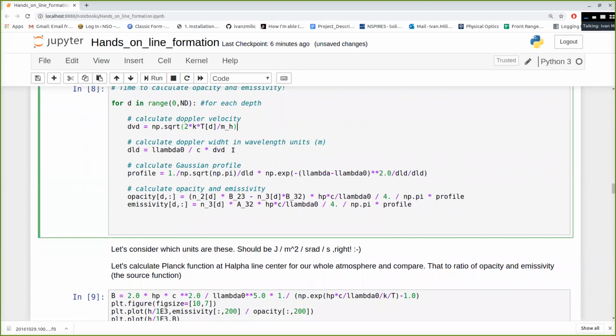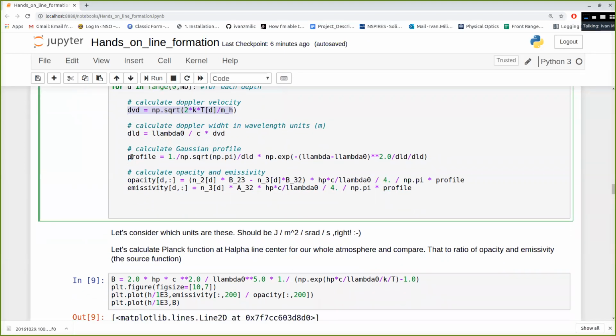From that, I can calculate the Doppler width, which basically tells me how much Doppler shift this velocity is creating. I'm going to call it DLD, like delta lambda Doppler, which is wavelength divided by c times the Doppler velocity.